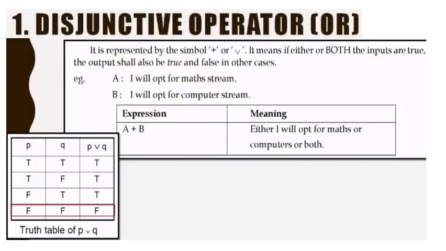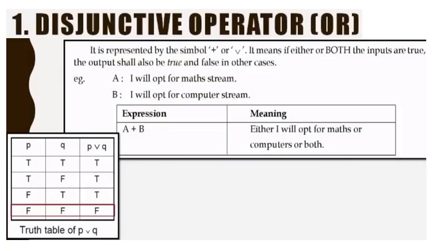Below is the table given. If P is true and Q is true, the result of the disjunction is true. If P is true and Q is false, it's true. If P is false and Q is true, it's true. And if both are false, then the result is false.